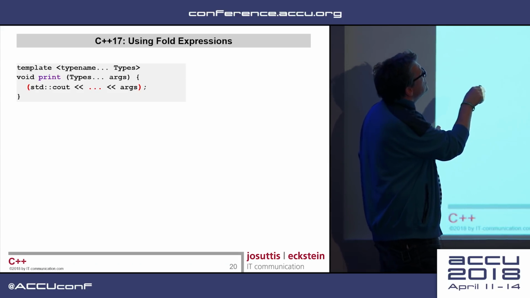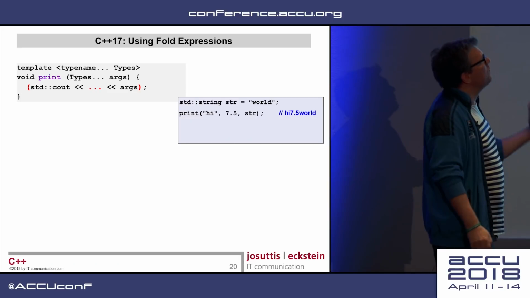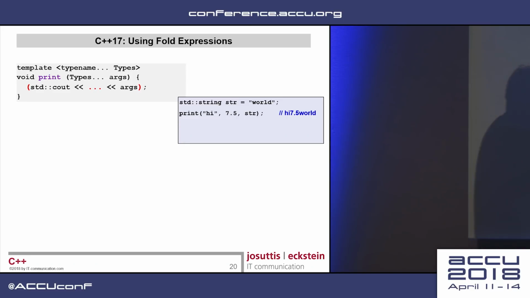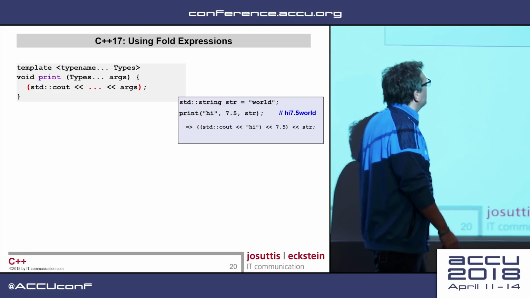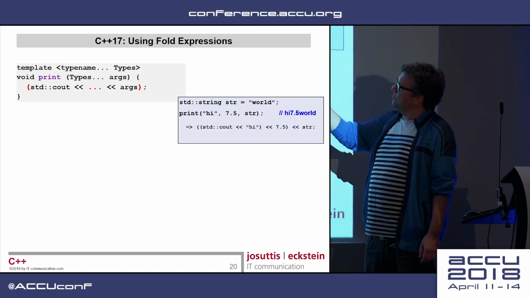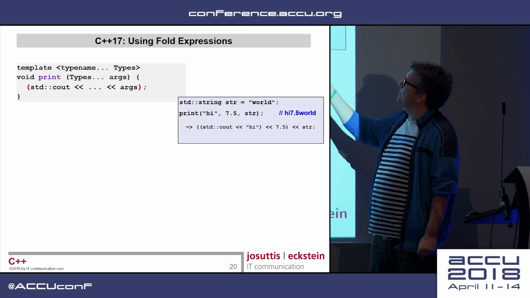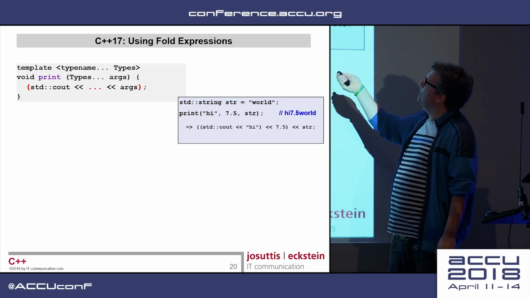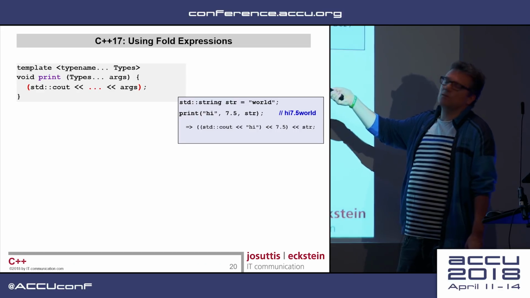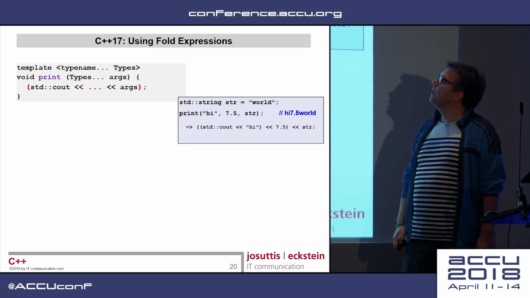Here you have an initial call and then you place your parameter pack. And if you then pass this, for example, 3 arguments of 3 different types, this will expand to first you printing out to std out the first argument, then to the return value the second argument, etc. So this is what is done and performed here.